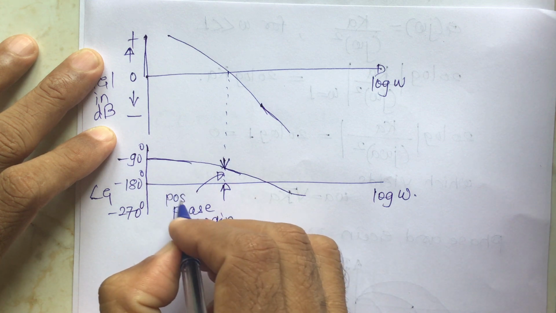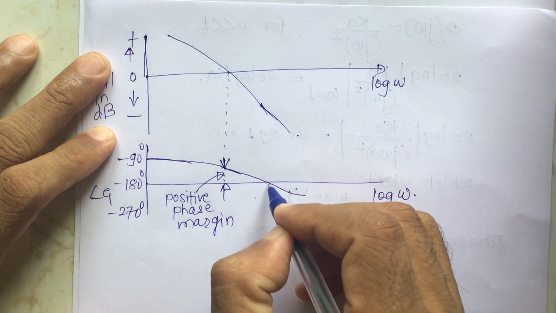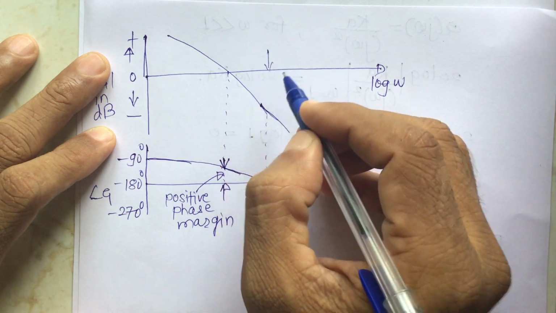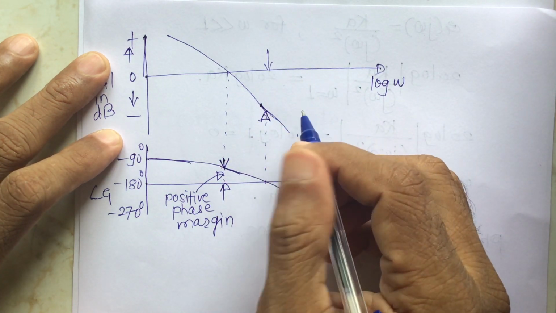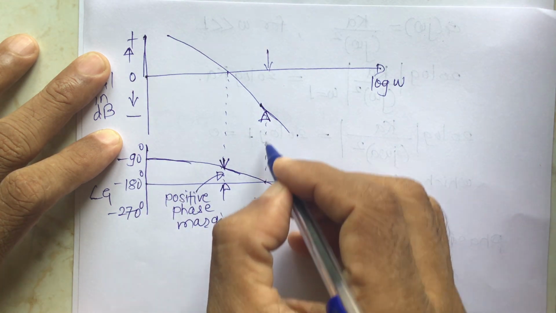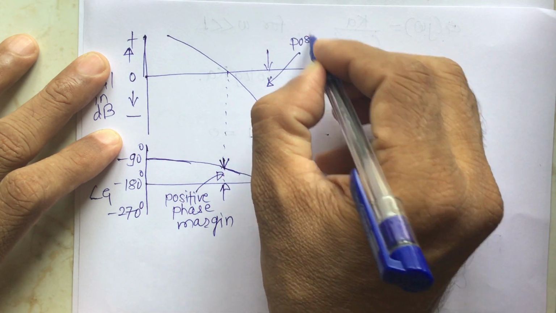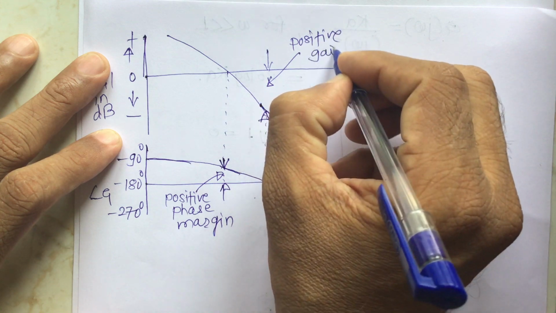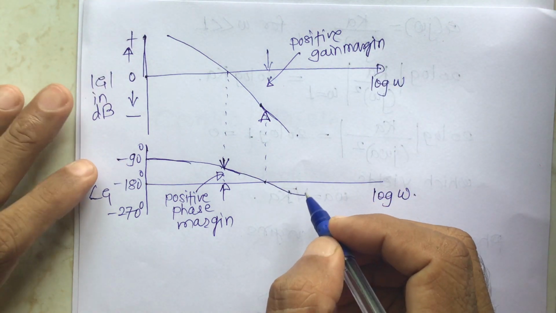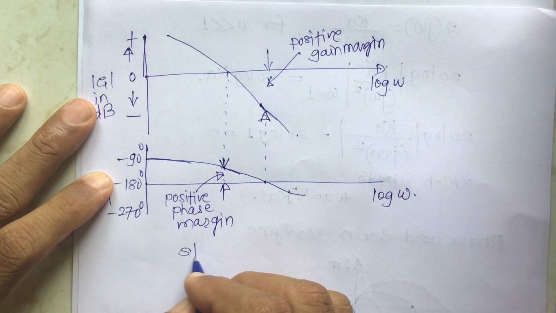We can say it is a positive phase margin, and the phase crossover frequency is this. So from this we can get the value of positive gain margin. Okay, so if the plot is like this, then your system is said to be a stable system.